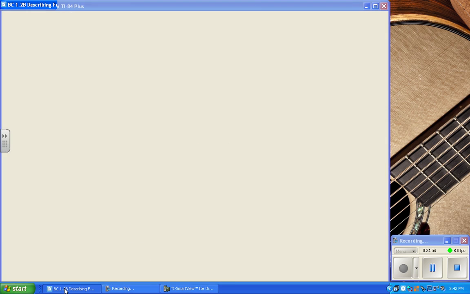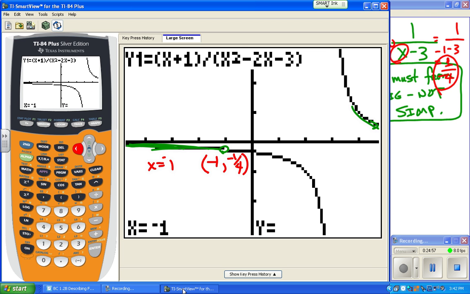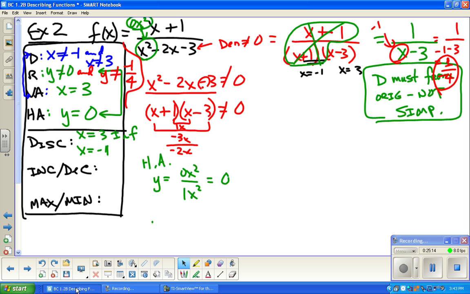The rest of this is going to go quickly. Where is this increasing? It's probably worth noting that this is all decreasing except there. This is all decreasing. So this thing looks like it's really decreasing everywhere, except the places it doesn't exist. So it's not increasing anywhere. It's decreasing from negative infinity to negative 1, or from negative 1 to 3, or from 3 to infinity.